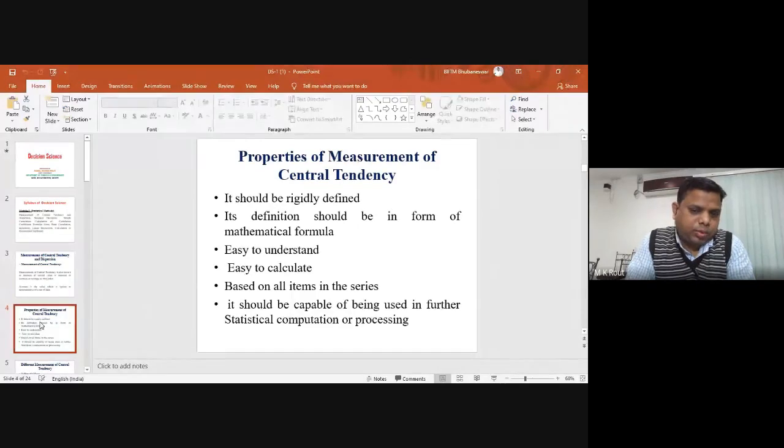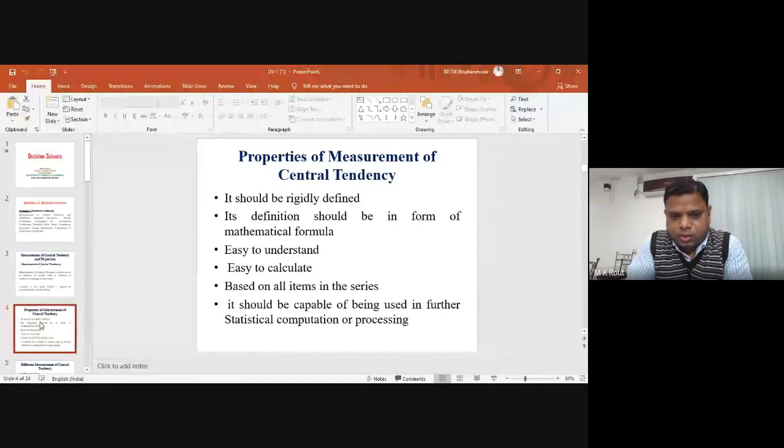Property wise, first it should be rigidly defined. Every average or every central line or every location in a set of data should be rigidly defined. The next part is its definition should be in the form of mathematical formulas. Whenever you use any kind of measurement of central tendency by the use of a mathematical formula, it should be easy to understand and easy to calculate.